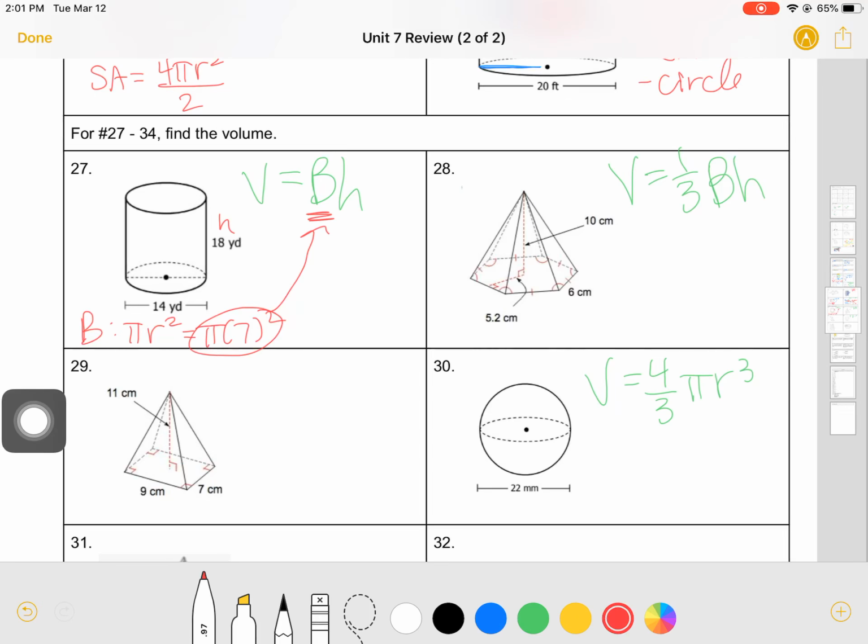The idea on 28 is exactly the same. My big B is a polygon, it's a hexagon, so it's 1/2 PA. The perimeter is 36 because each side is 6, and there are 6 sides here. The apothem is 5.2, so this number will get plugged in for the big B. And then the height of my pyramid is this 10.